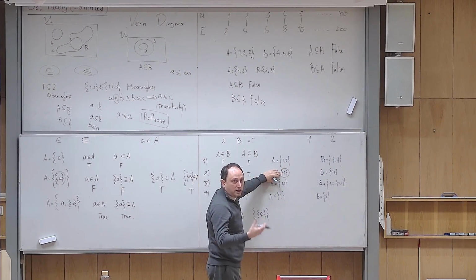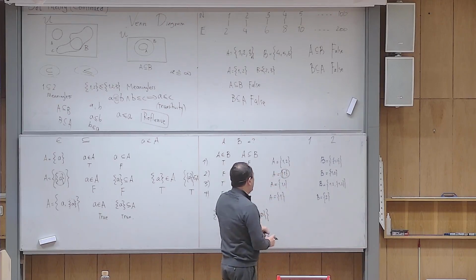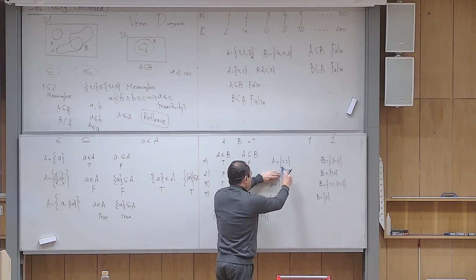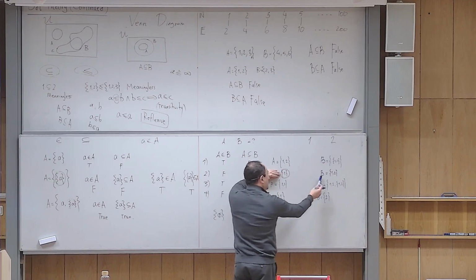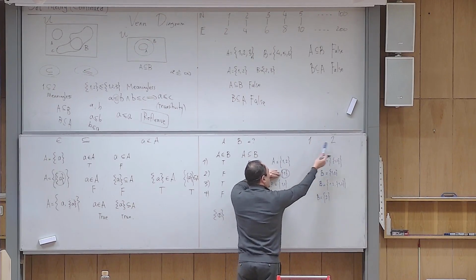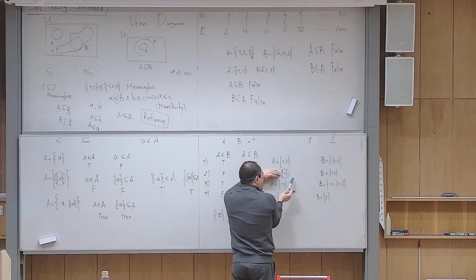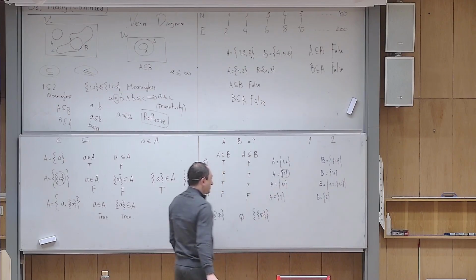So the curly bracket 1 as a whole is an object. I want you to understand that. So if I ask you A, what is A? This circle, what is inside is A. What are the elements of B? Only 1 and 2. But none of them are exactly this. So this means that A does not belong to B.